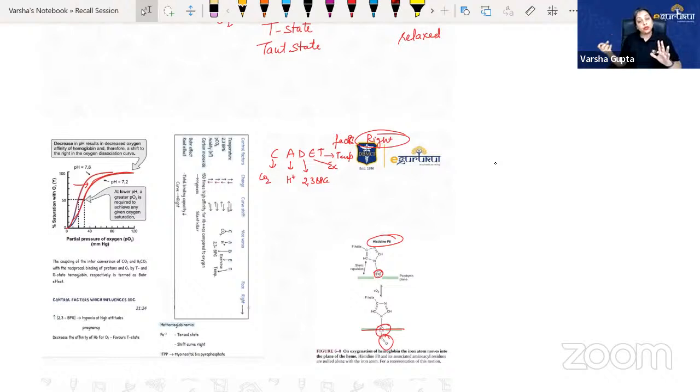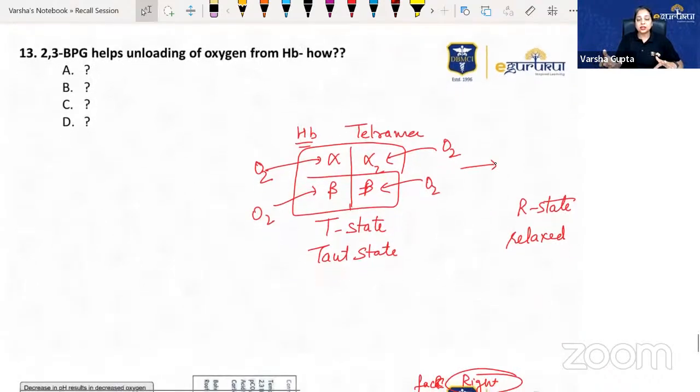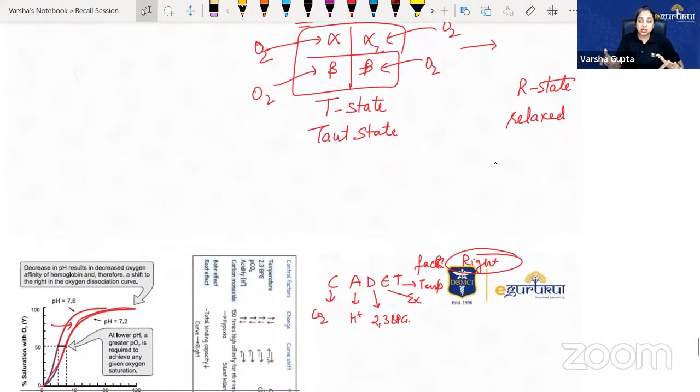So if you have to remove the oxygen, then you push it from the back. That is what 2,3-BPG does. It pushes the iron from the other side so that oxygen leaves the space, because the histidine can bind to only one thing, either oxygen or 2,3-BPG, right? So probably there were options of the relaxed state, taut state, or maybe conformational changes going on.